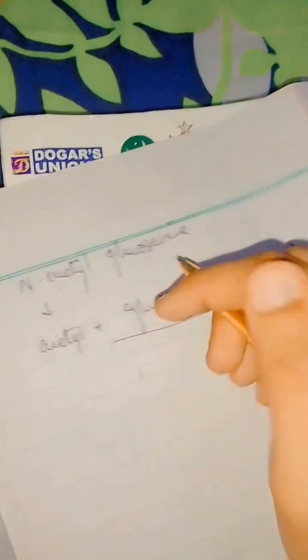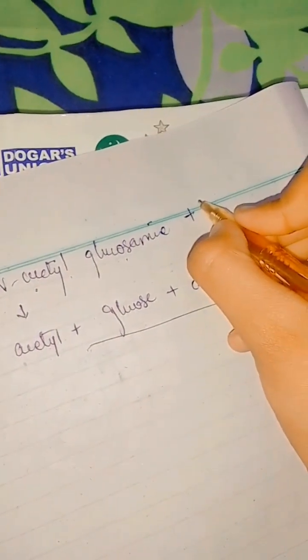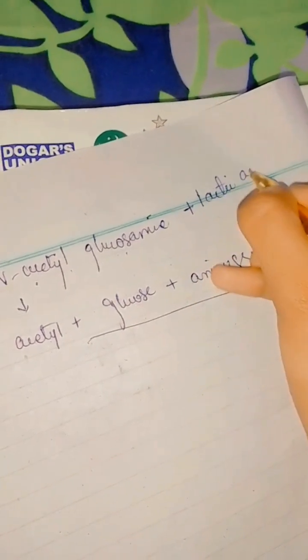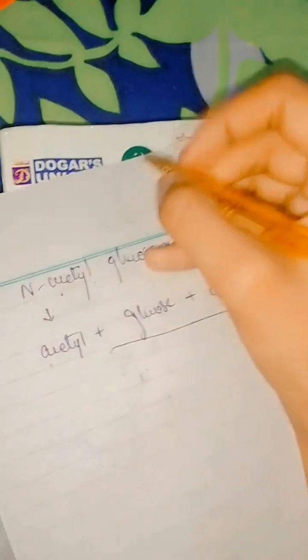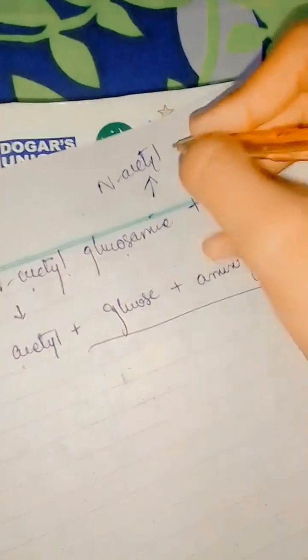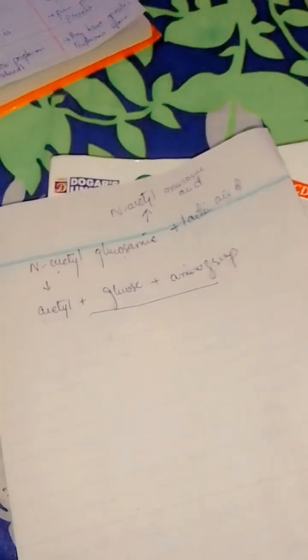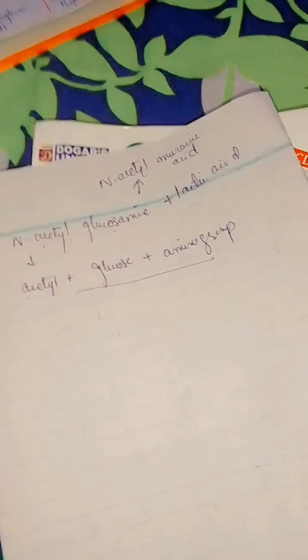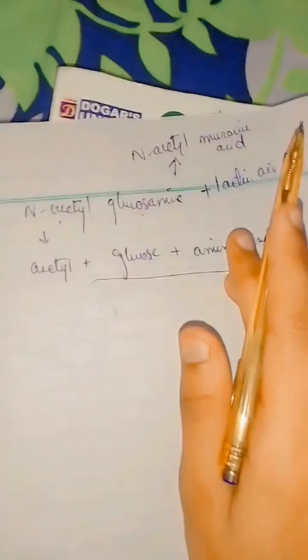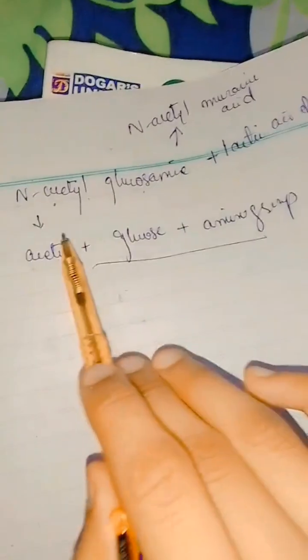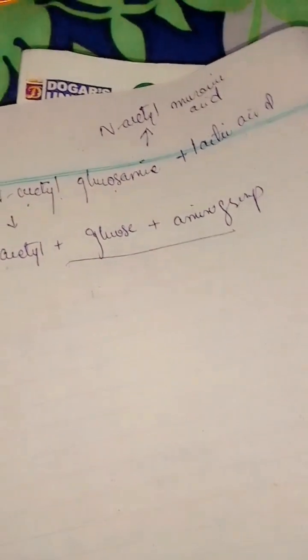When N-acetyl glucosamine combines with lactic acid, it forms N-acetyl muramic acid. And the peptidoglycan is basically a chain of N-acetyl muramic acid as well as N-acetyl glucosamine.